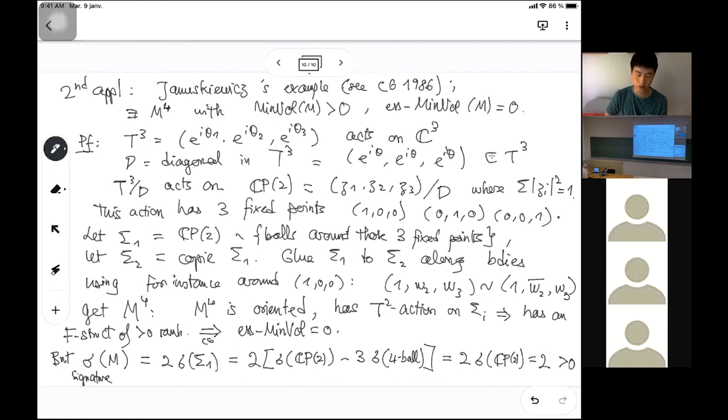In particular, it's positive. And so in particular, the minimum volume of M is positive. That's really weird.